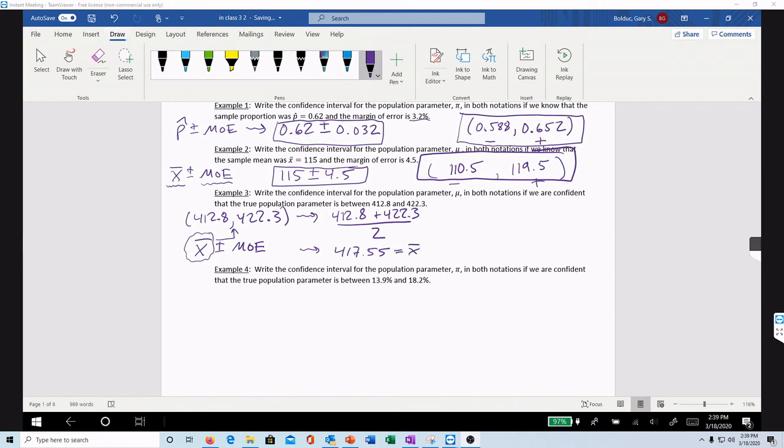Okay, and then the margin of error is how far do I have to go from my middle, this x bar, to the outside, being either 412.8 or 422.3. And so the way I figured that out is I just find the difference between them. And you can do this with either one. You might just want to pick whichever one you can remember best or is easiest for you.